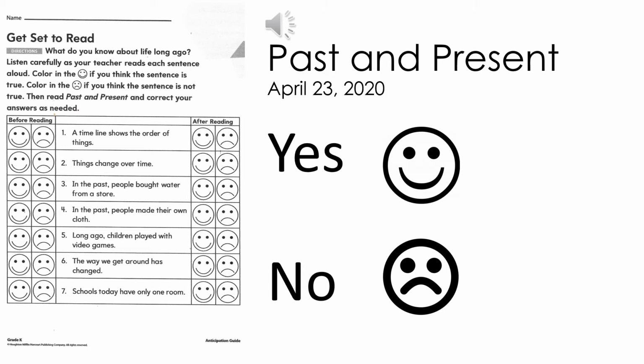If that's false, color the sad face for no. Number 4, in the past, people made their own cloth. Now, cloth is material. It's something that we can use to make clothes. We can use it to make any kind of curtains, any kind of bed sheets, and any kind of material that our clothes are made of. That is called cloth, okay?